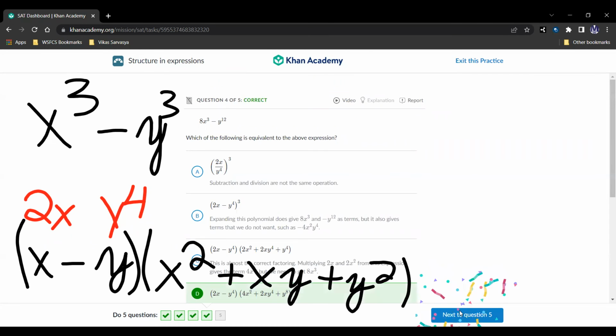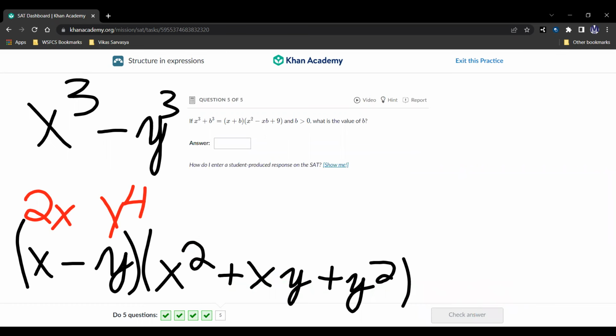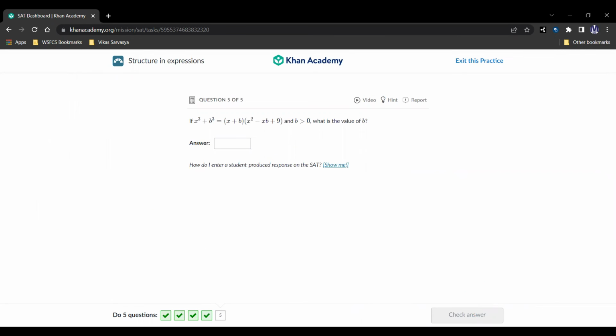And let's move on. All right, question number 5. This is another thing we see, sum of cubes, being factored.